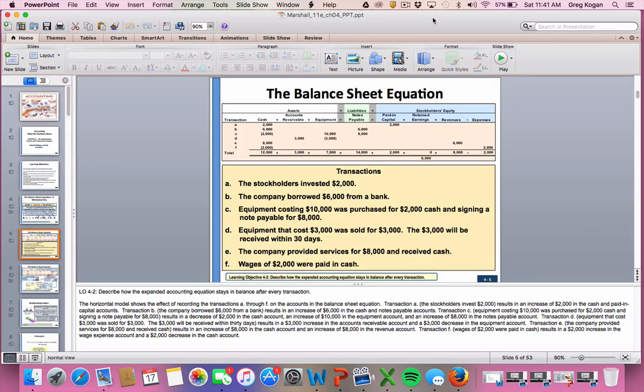But think about it as: I got money, so debits increase assets. So what's the credit? Sales is a credit account, and it increases revenue, which ultimately will increase equity, which is also a credit account.